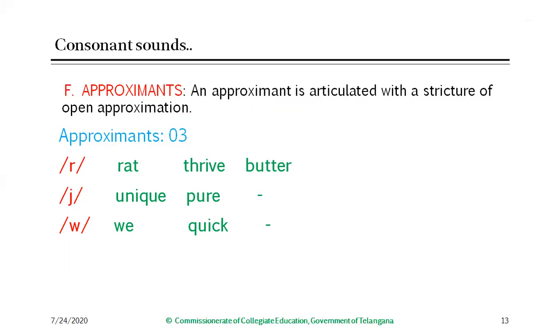For example, ra: rat, thrive, butter. Ja: unique, pure. Va: we, quick. These are the 3 approximants we have.